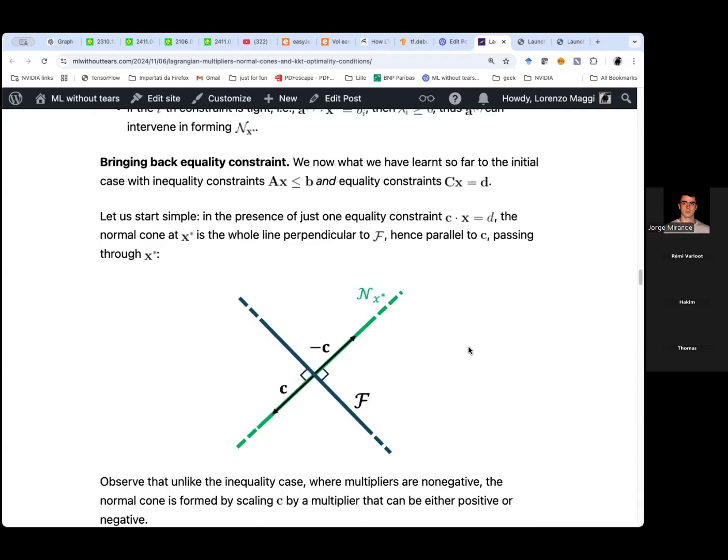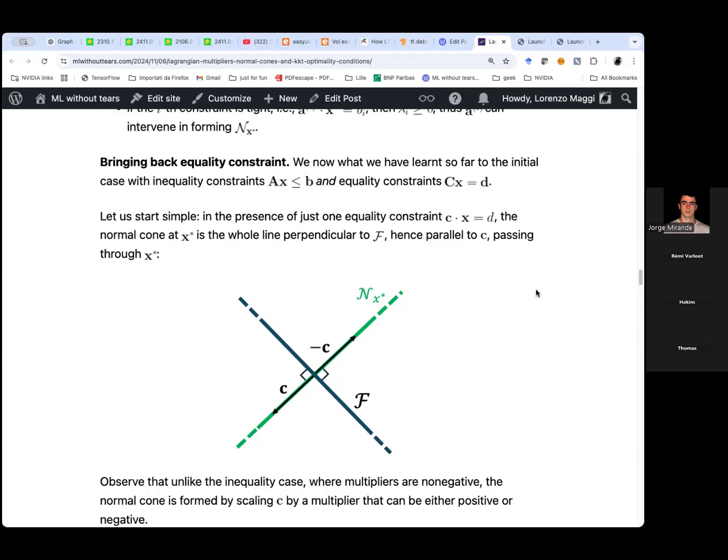Okay, we're almost there. Why almost? Because we still have to bring back equality constraints. We said, okay, let's stash them away for the moment, but then at some point we have to deal with them. So here the feasibility region is actually now Ax smaller or equal than b, and Cx is equal to d.